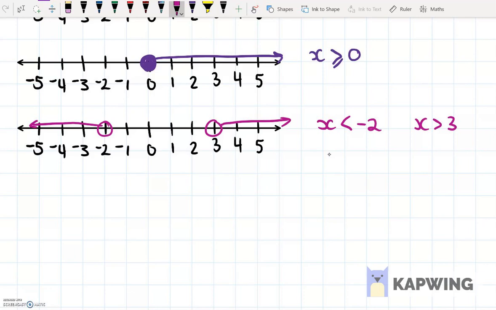Now, in the past, we've worked with situations where we can have two answers before. We did that when we did parabolas. And what we told you at that point is that you need to remember that we always write the v in between for or. So x is less than -2 or x is greater than 3. Okay? So that's a fairly nice one.